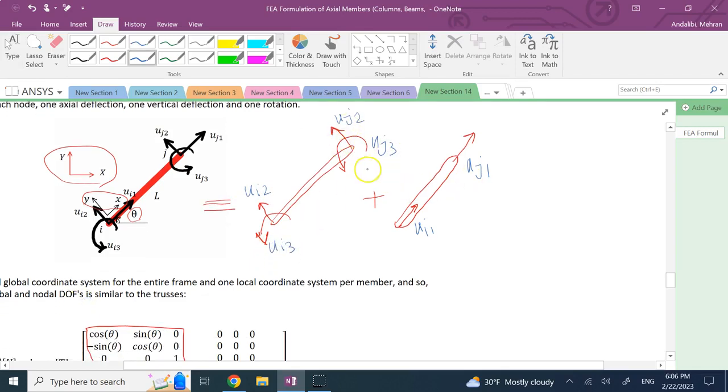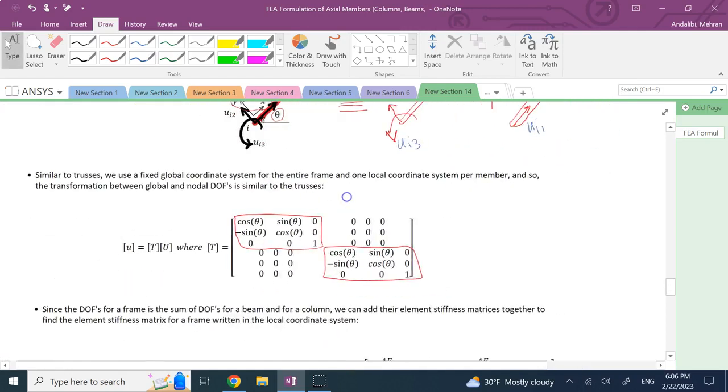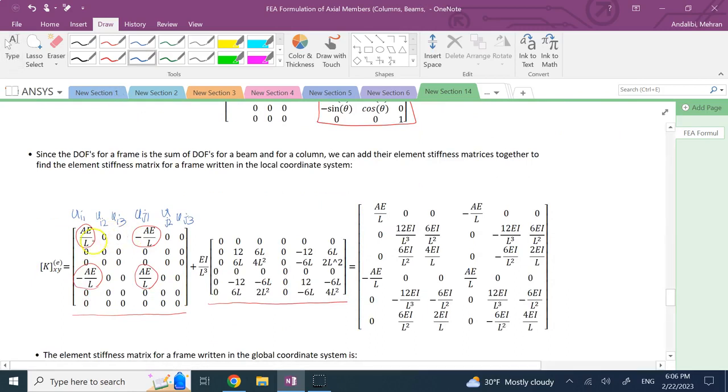Because I don't have the vertical displacement and the rotation for a column, then I use a bunch of zeros for them. And on the other hand, for a beam, since I don't have the ones, then I use these zeros for the ones.